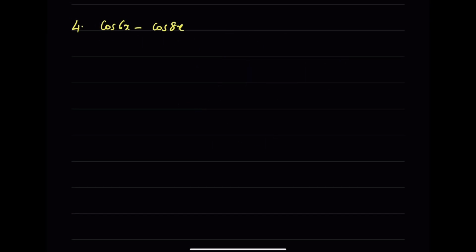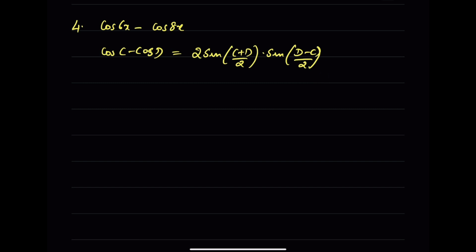Now the fourth problem is unique. We have to keep this in mind, which is cos C minus cos D. This has a unique formula, which is 2 times sin of (C plus D) by 2 times sin of (D minus C) by 2. So to avoid the negative sign, we change this to D minus C. We have learned that in this video.